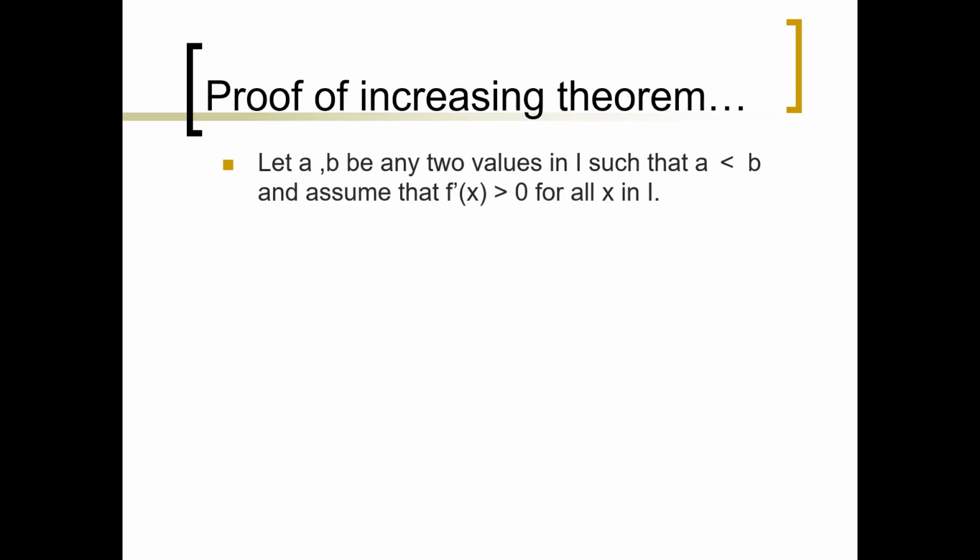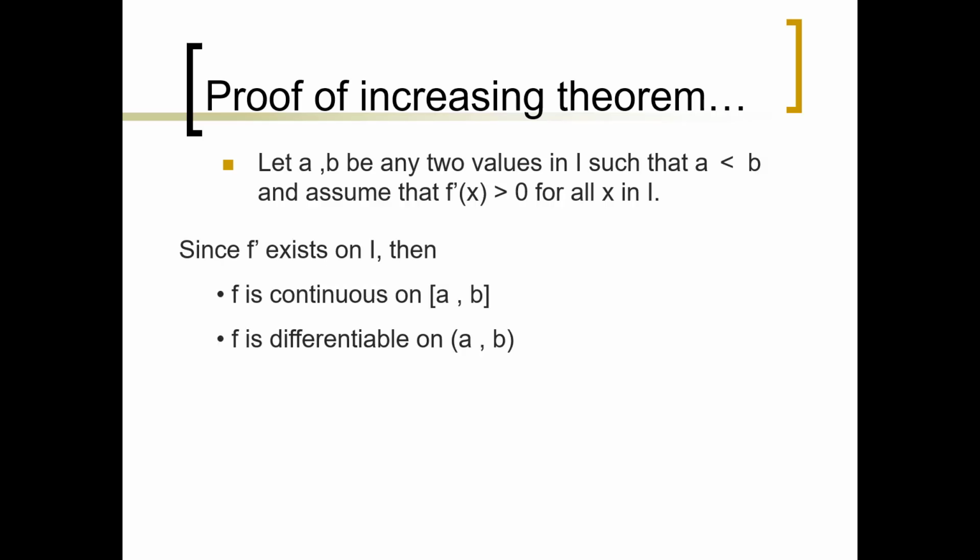All right, let's assume then that a and b are any two values in some interval, open or not really, such that a is less than b. And let's assume that the derivative is always positive for all x in that interval. Since the derivative exists on the interval and a and b are inside it, the function is continuous on that interval.